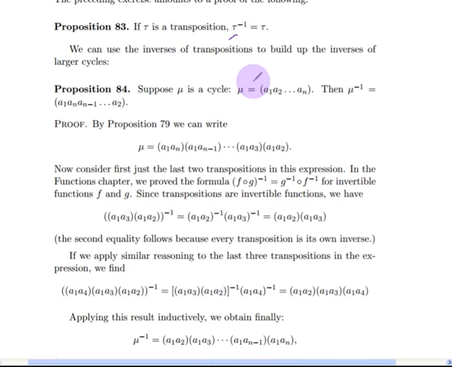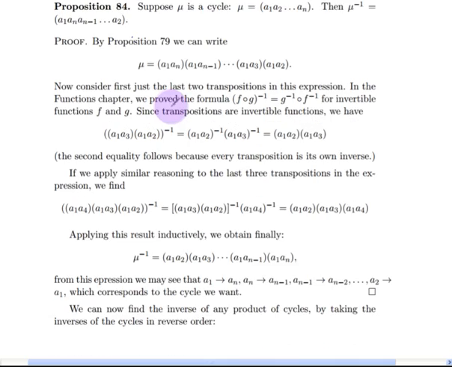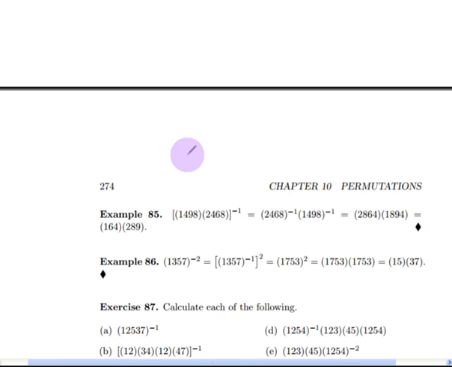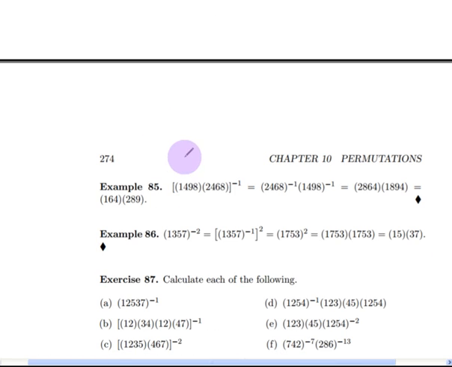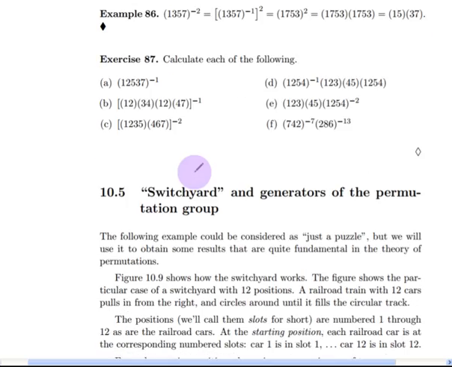Okay. And the inverse of a product of transpositions, well, you can figure that out. There's a way to show that. All right, so you'll investigate how transpositions relate to inverses of permutations. All right, so we'll stop there.